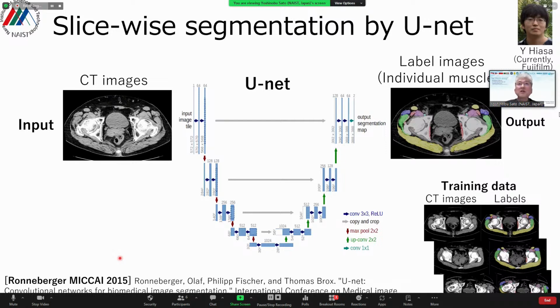So we use slice-wise segmentation. That is region recognition by so-called UNet.